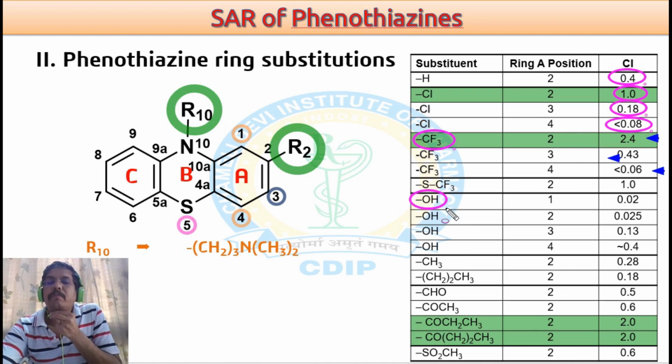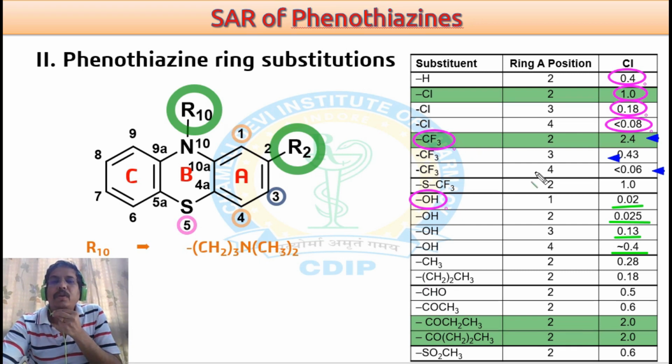And if we change with some polar group, not that much lipophilic, then activity also decreases. If you look, it is 0.02, it is 0.025 on second position, third position it is 0.13, and on fourth position it is equivalent to 0.4.